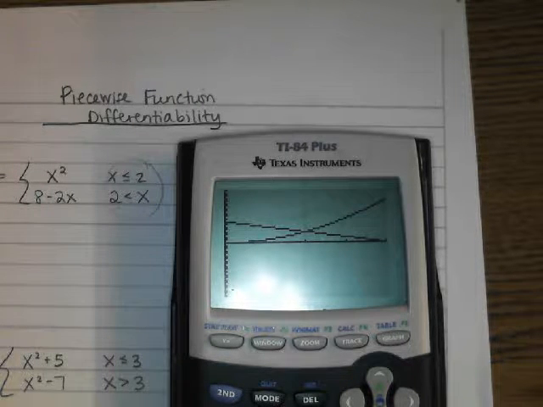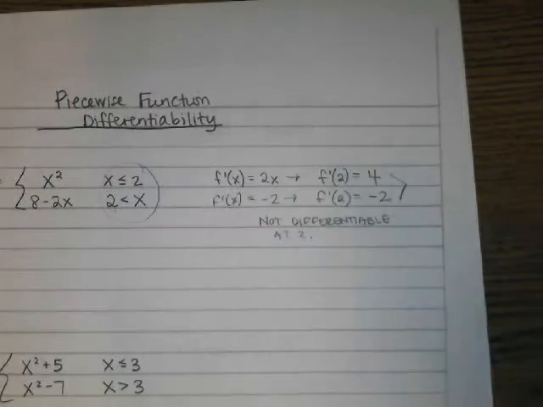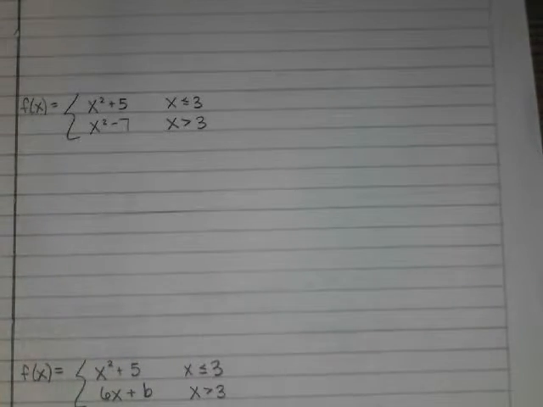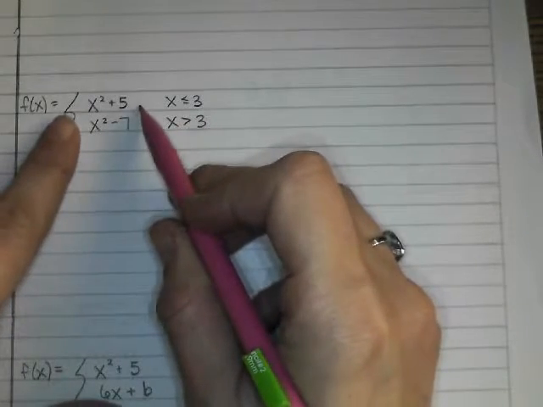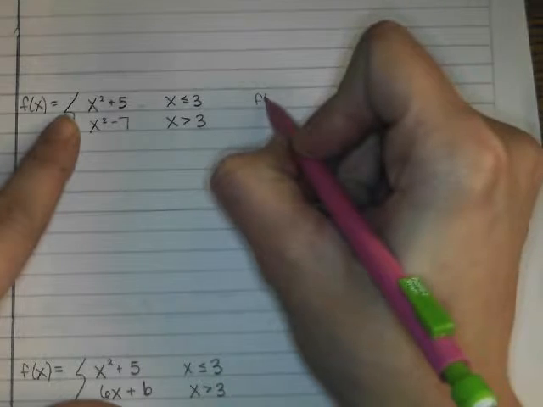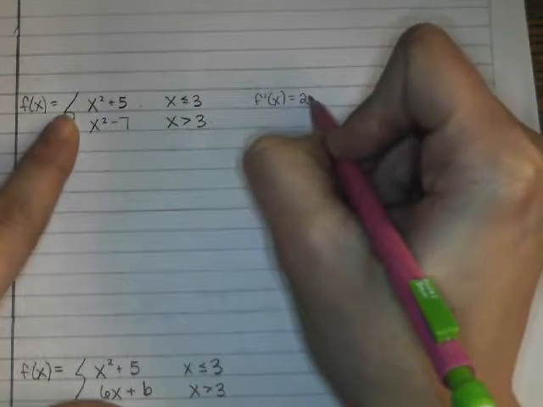The next example is going to be a little bit different, a little bit of a different spin on it. But we can start doing the same thing. So if I find the derivative, our breaking point is at 3. Coming from the left, the derivative is 2x.